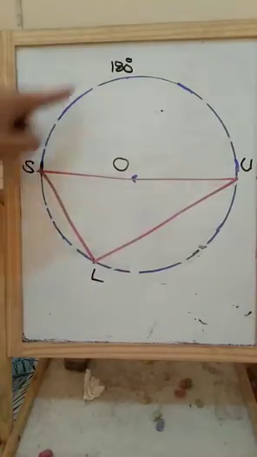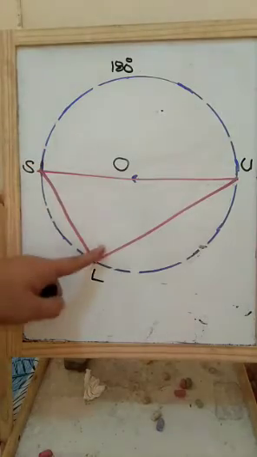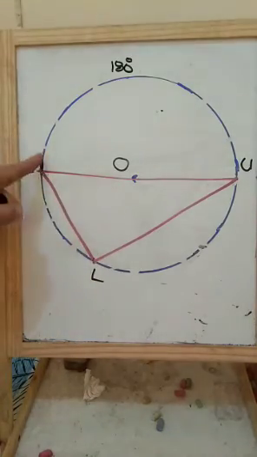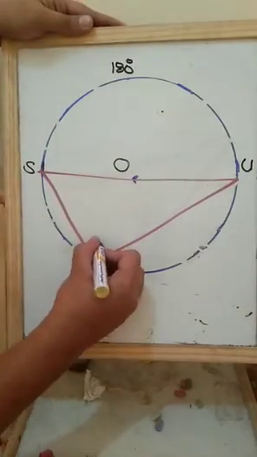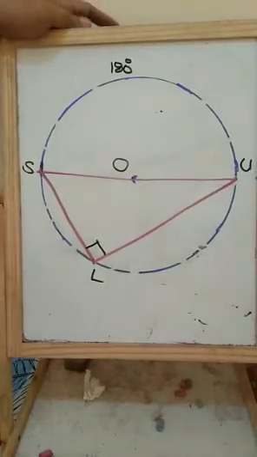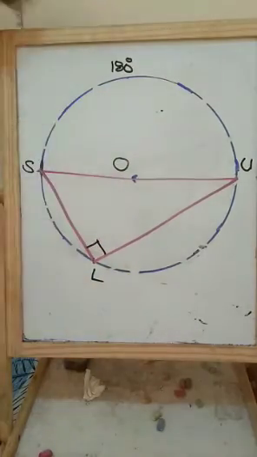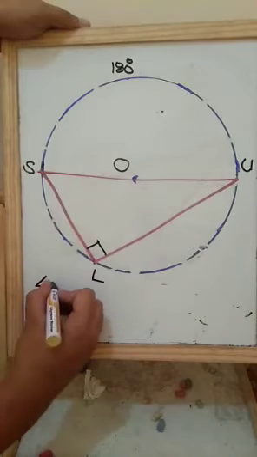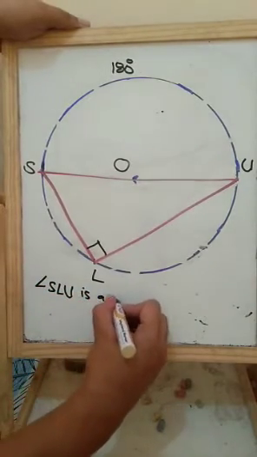Now, if this semicircle measures 180 degrees, it means that the angle inscribed on this arc would become a right angle because it would measure 90 degrees, half of your intercepted arc here. So we can say right now that angle SLU is a right angle.